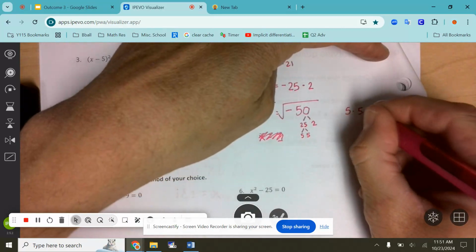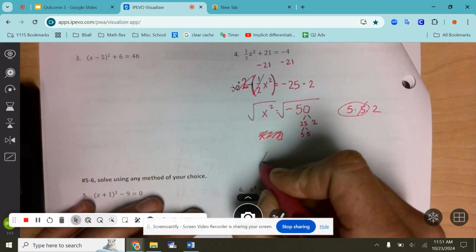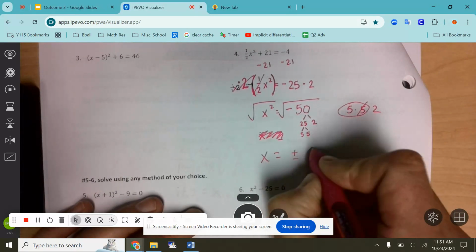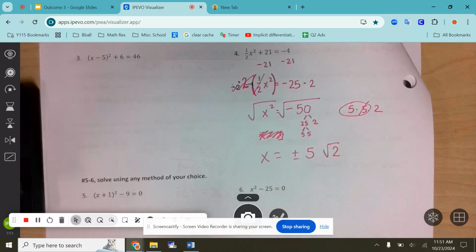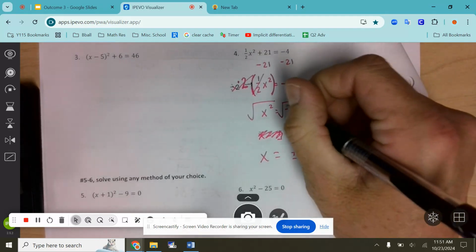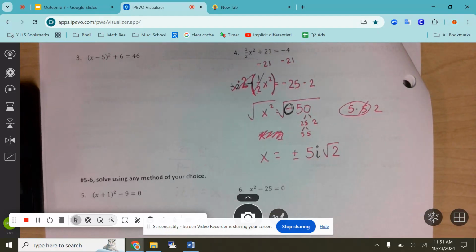So I have a pair of 5s. So the 5 gets to go on the outside of the square root. The 2 is left on the inside. And once again, because I had a negative, that means I need an i. Alright folks, that should be enough for you. Go ahead, pause, practice the rest of this page.